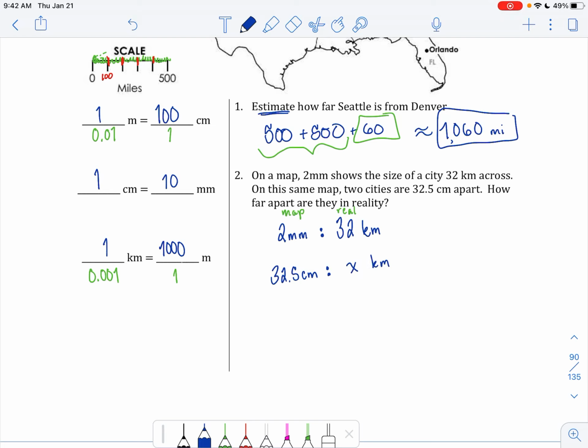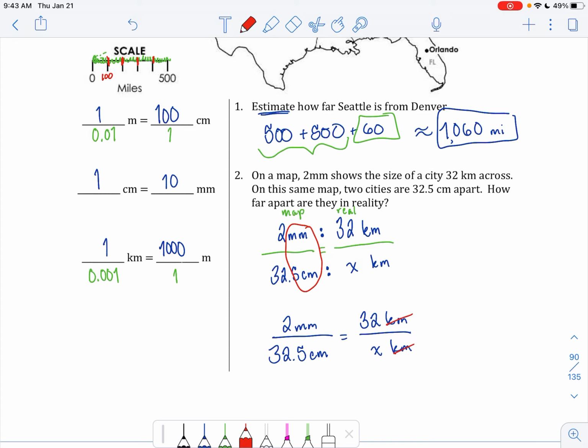The only issue is that when I set this up as a proportion, I end up with 2 millimeters over 32.5 centimeters is equal to 32 kilometers over x kilometers. So in this case, it's nice, kilometers cancel. Here we have millimeters and centimeters, so we have to convert them.